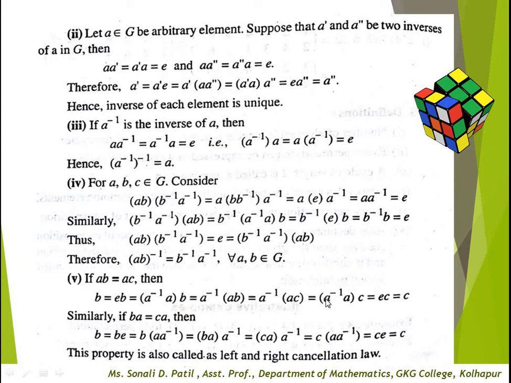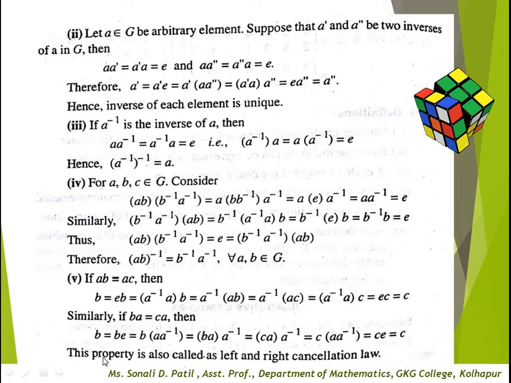Now by using the associative property again we change the bracket. So we take a bracket on A inverse A and C, which is EC. By using the inverse property, the value of A inverse A is E, the identity element. EC is equal to C, E being the identity element. So by using the identity property, what will we get?